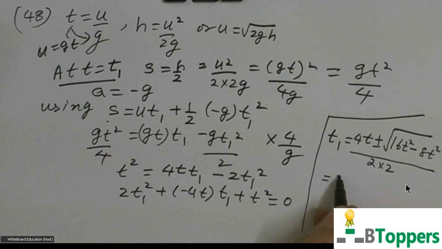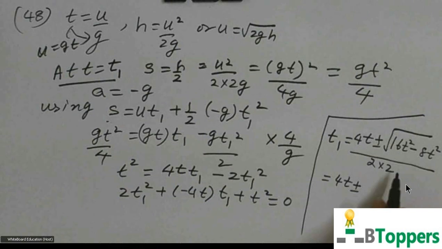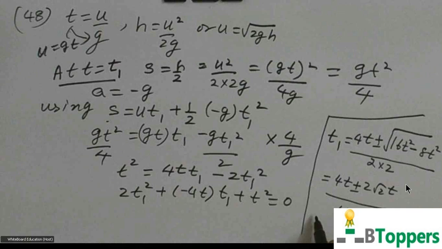So you get 4t plus or minus root 8t square, that will be 2 root 2 into t, by 4. So you can take 2t common outside there.